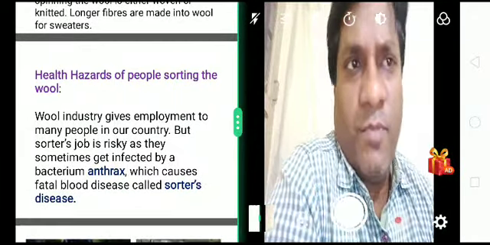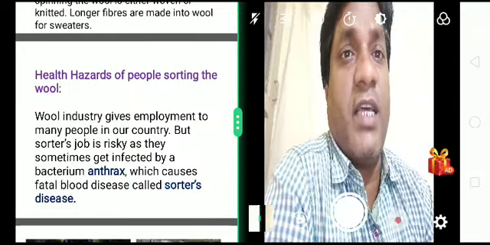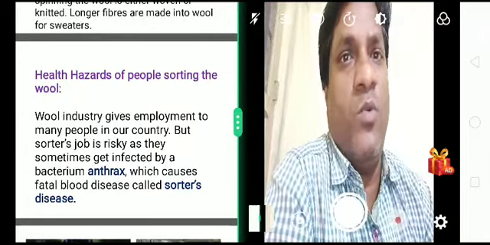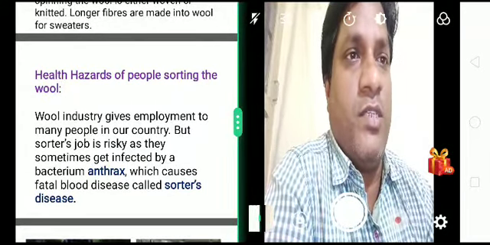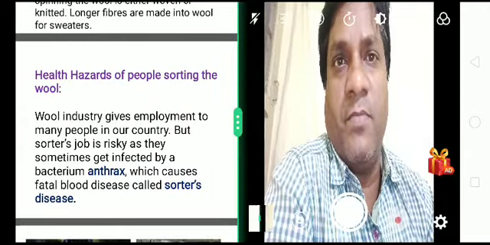The processing of wool often brings some health hazards for the people who are involved in sorting the wool, because sorting is a process which cannot be done by machines.